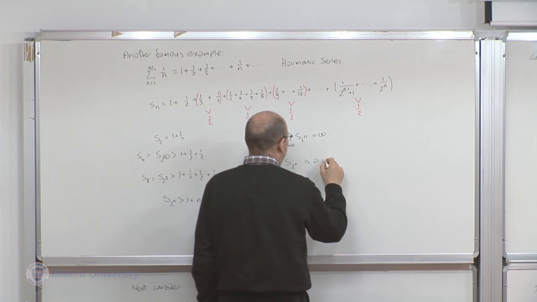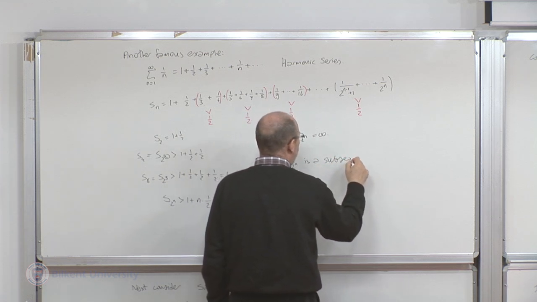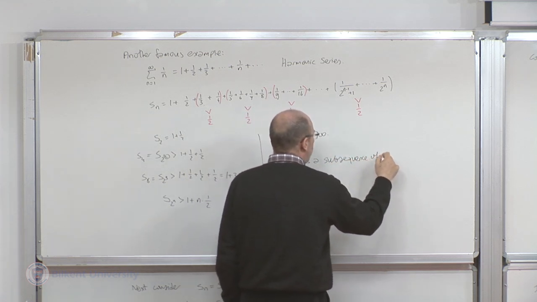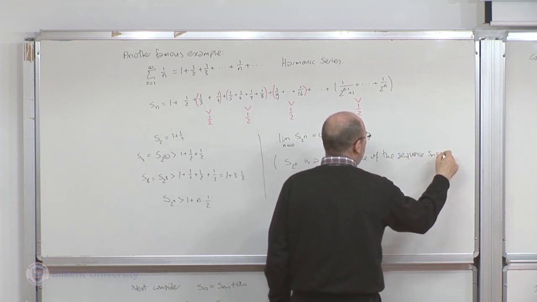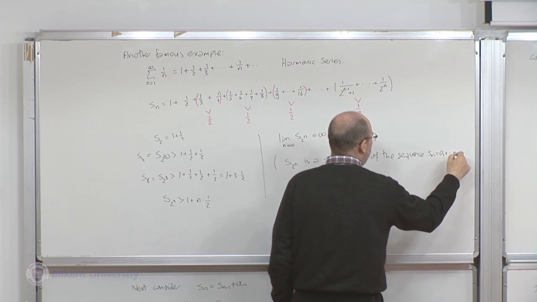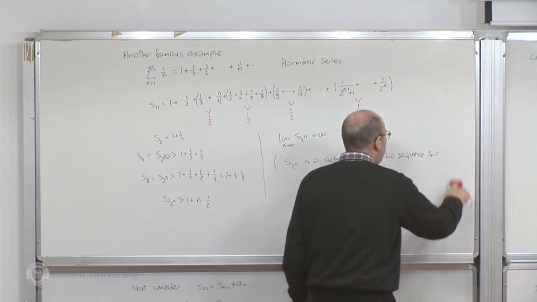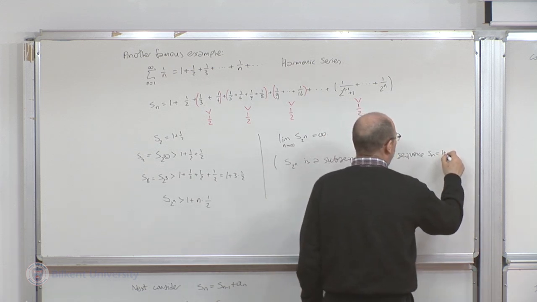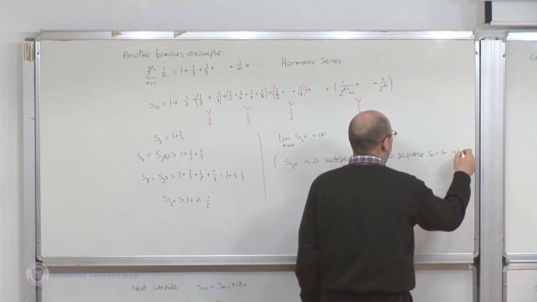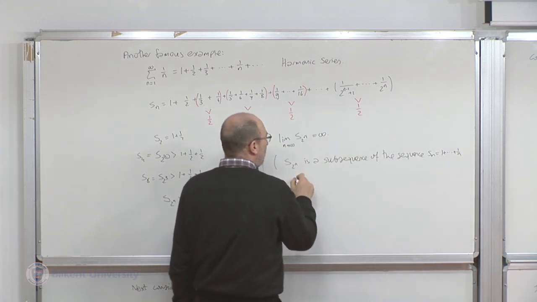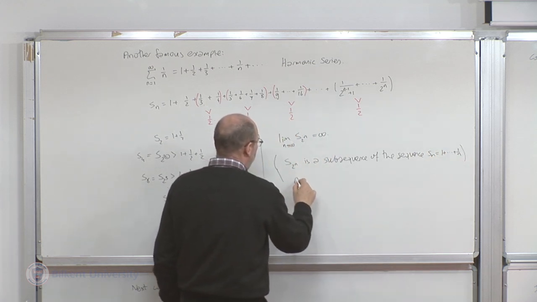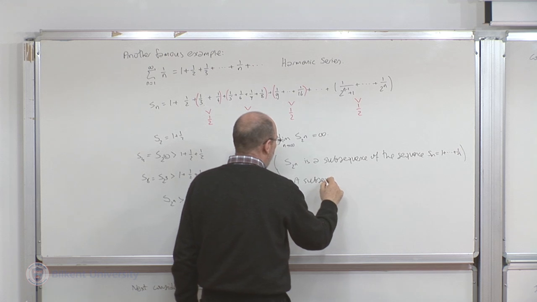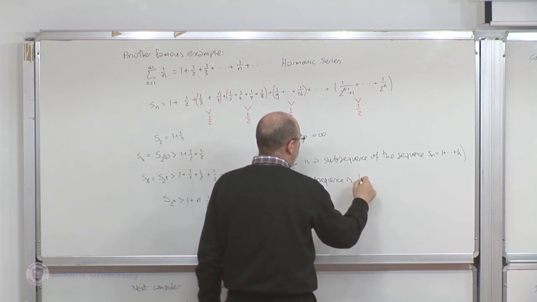So this is a subsequence of the sequence Sn, which is A1 plus, well, in our case, we know exactly what this is, 1 plus 1 over n. A subsequence is divergent.